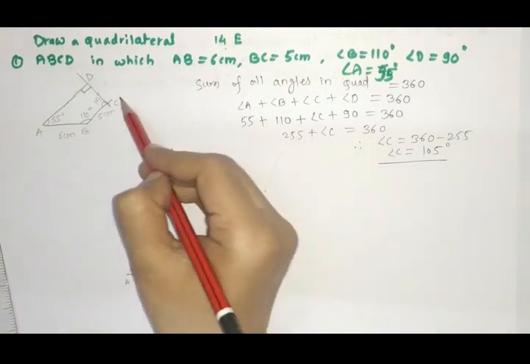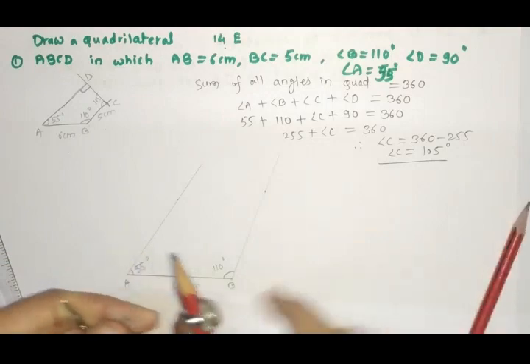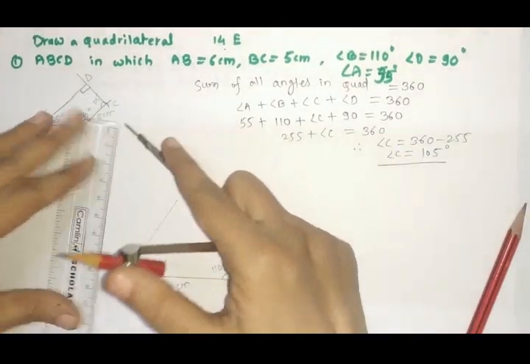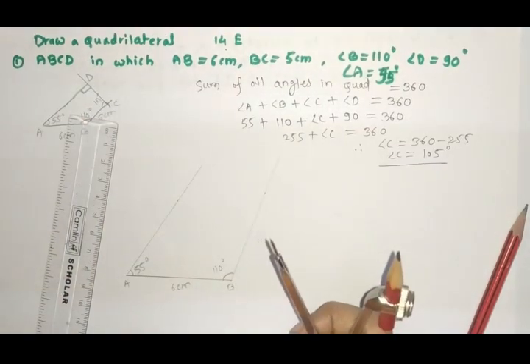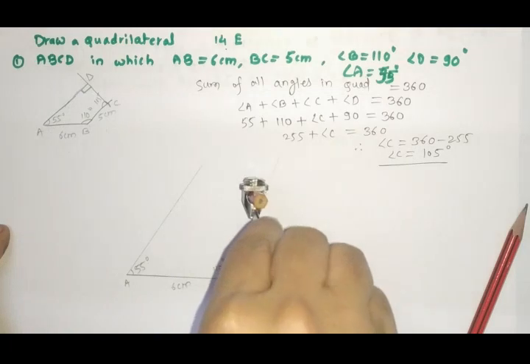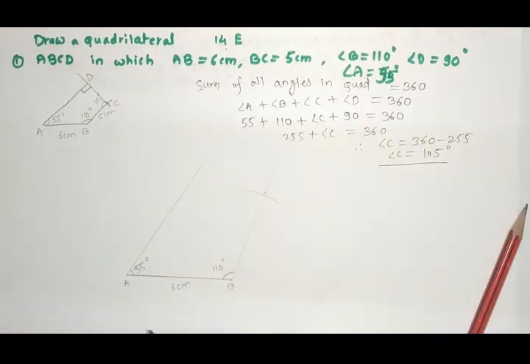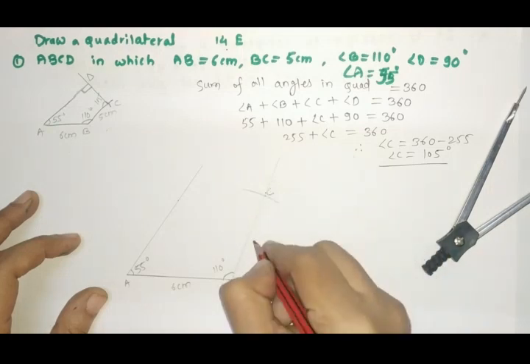Now friend, from B to C, somewhere point C is located with the distance of 5 centimeter. So just take the radius 5 centimeter, with B as a center, cut here. We got the exact point C. This is our point C, and this is 5 centimeter.